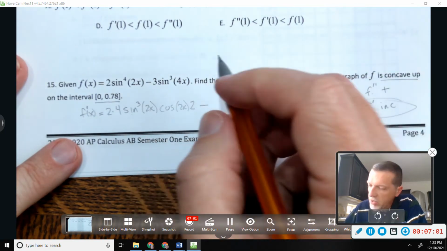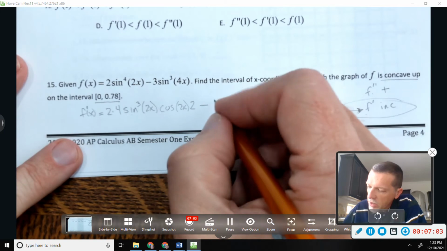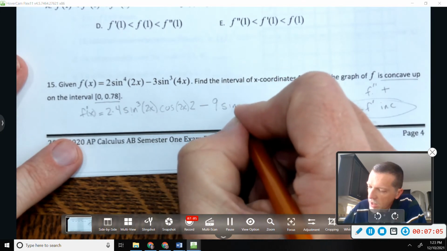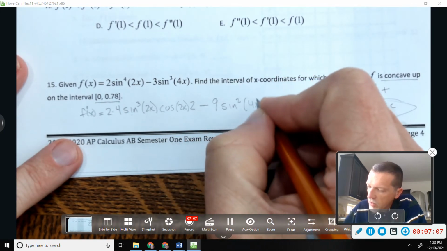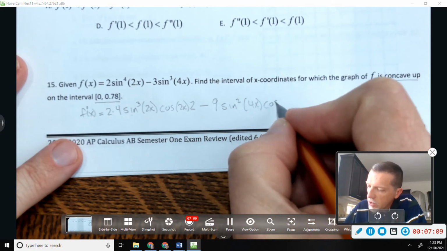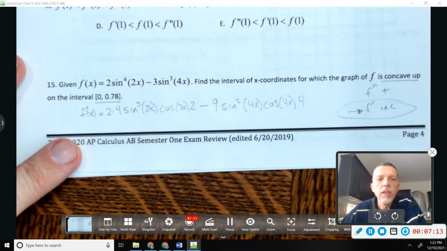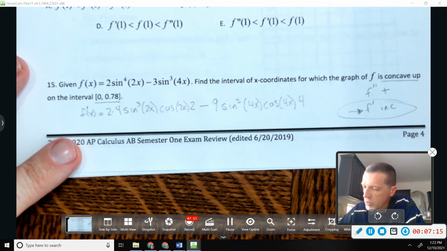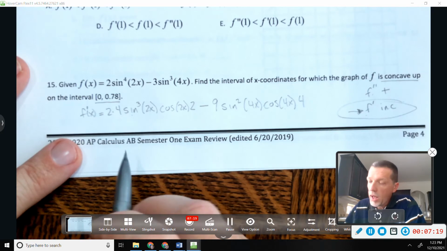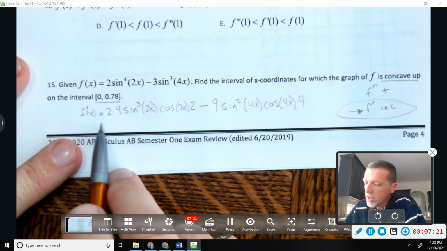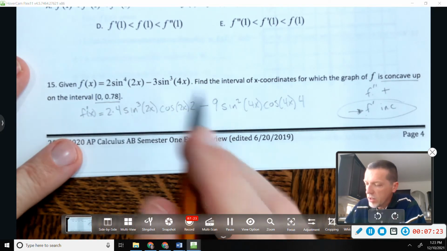The second piece, bring the 3 down. 3 times 3 is 9. Sine squared of 4x. Derivative of sine is cosine, and derivative of 4x is 4. So chain rule, chain rule, chain rule on this problem. I guess the good news is we're ready to go to the calculator.